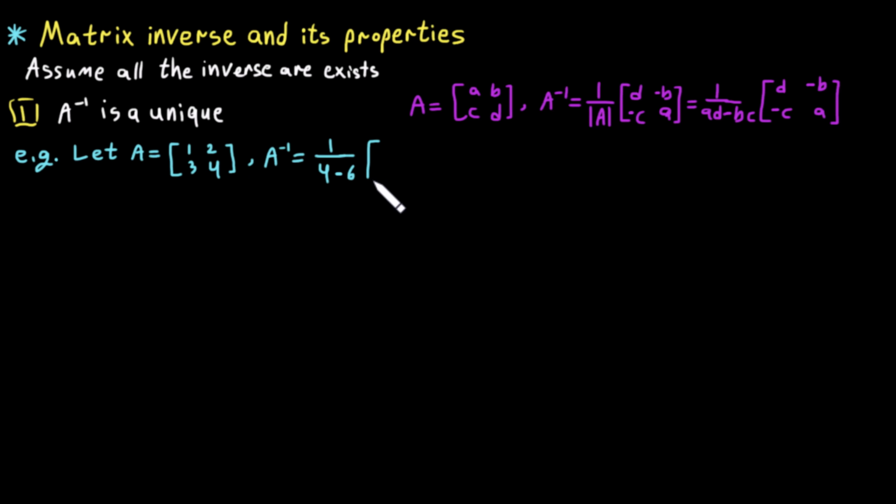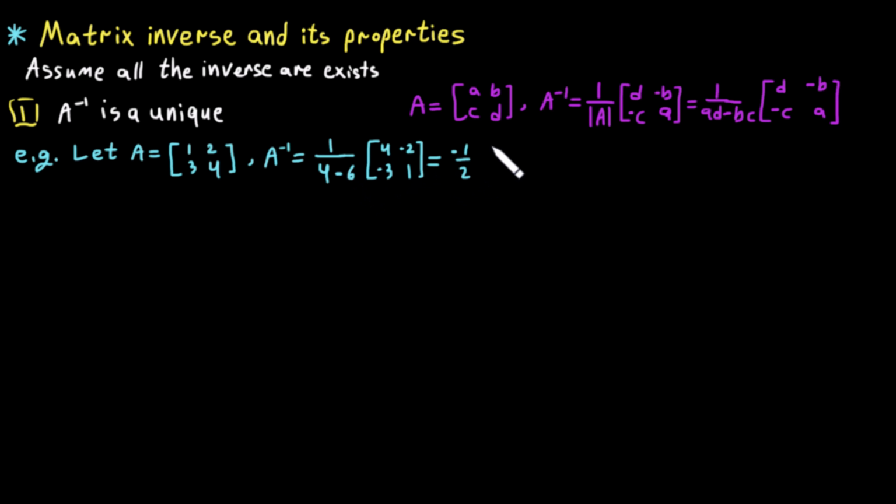Then in the matrix, you swap these two elements, so it will be 4, 1, then negative 2, negative 3. So this equals 1 over 4 minus 6, which is negative 2. So it will be negative 1 over 2.